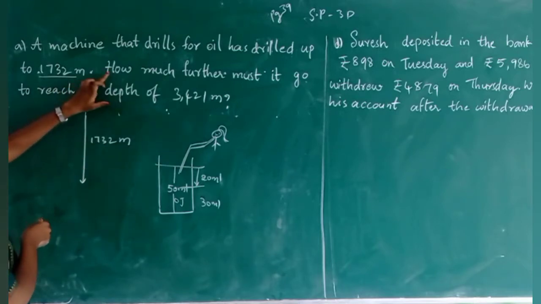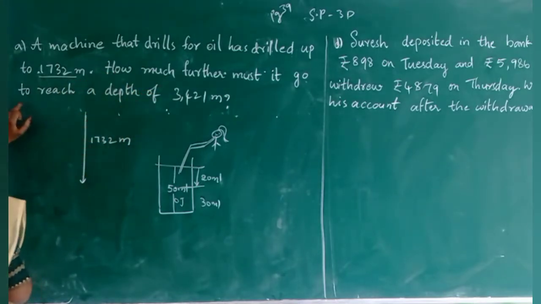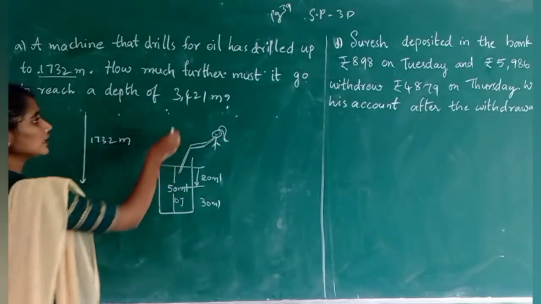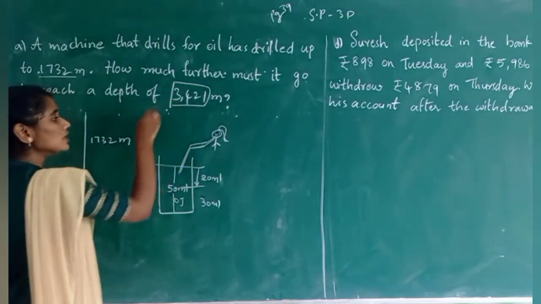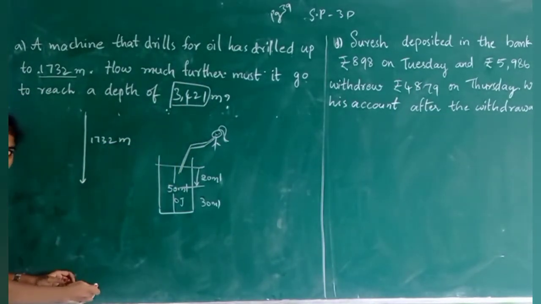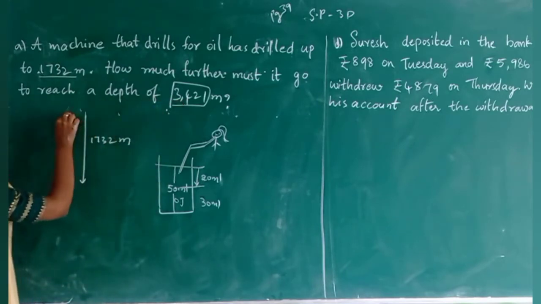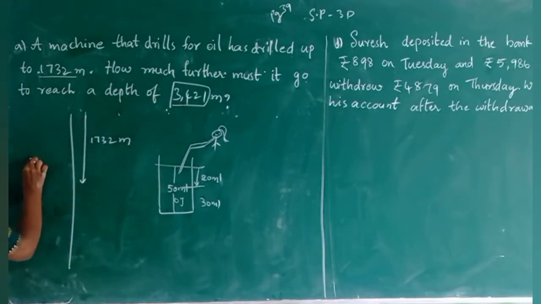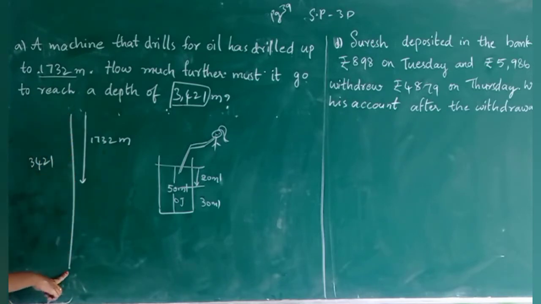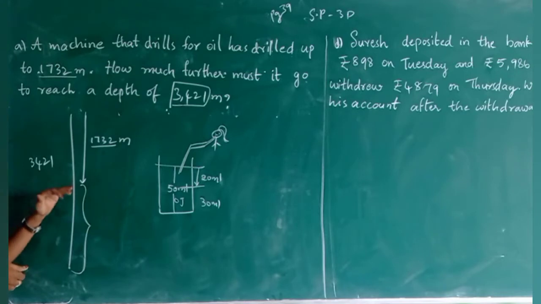Then how much further must it go to reach a depth of 3421? The total level is 3421, and it has reached 1732. Now there is a remaining length, right? We have to find out how much length it still needs to drill.